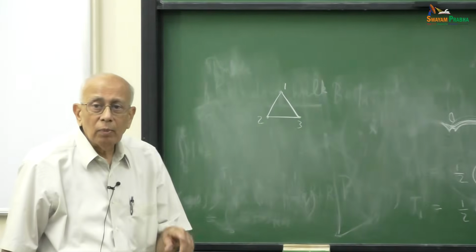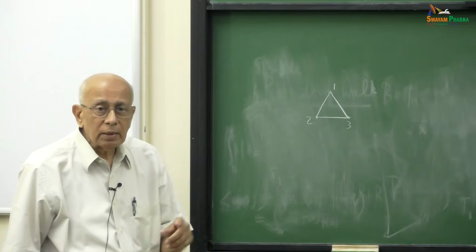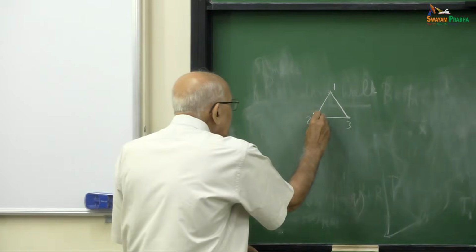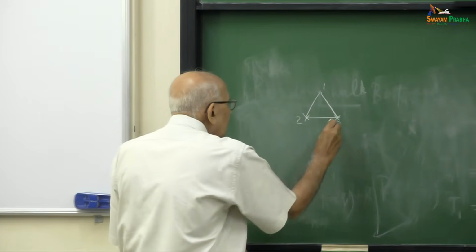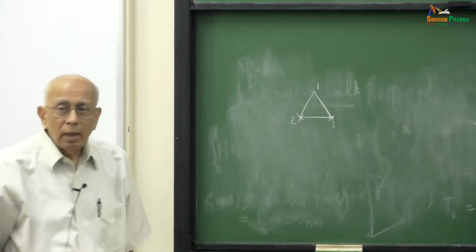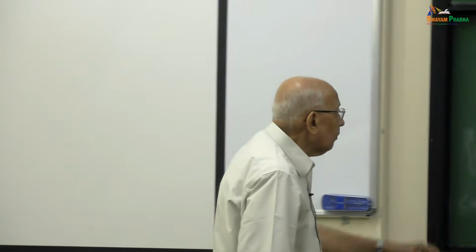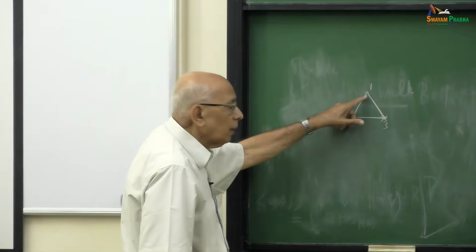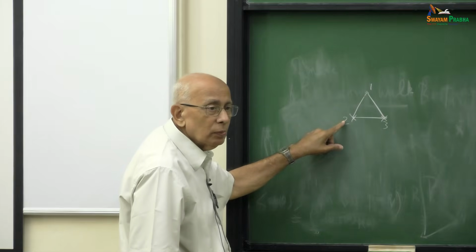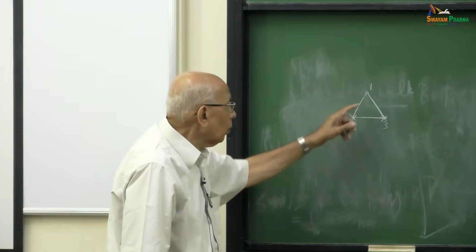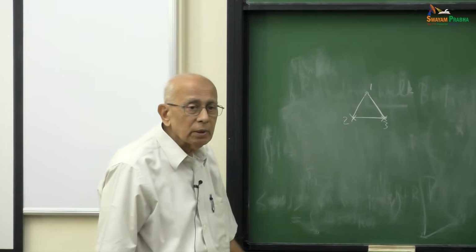I'm going to do a random walk on this triangle by taking steps from one side to the nearest neighbor sides, and I put traps at these 2 points. I start at 1 and I flip a coin. With probability half, I move along to 3, or with probability half, I move along to 2, with equal probabilities. What's the mean time it takes to go from 1 to either of the two traps?